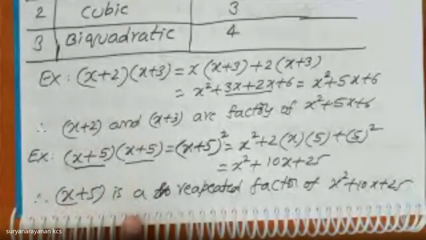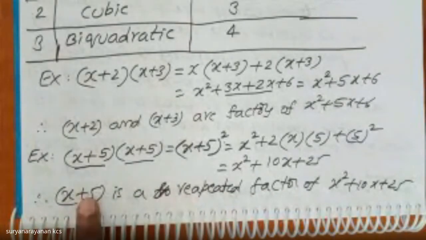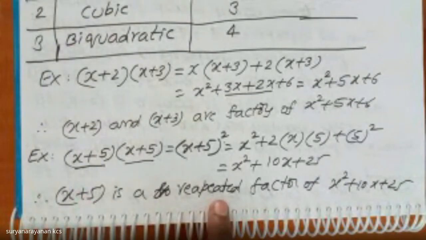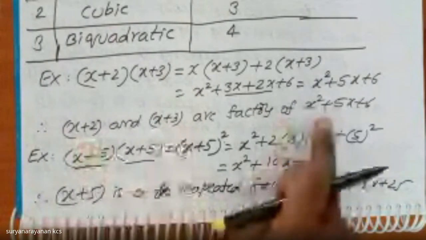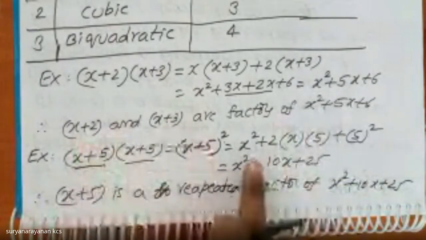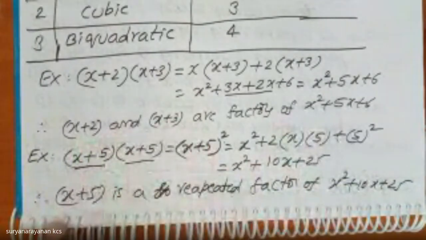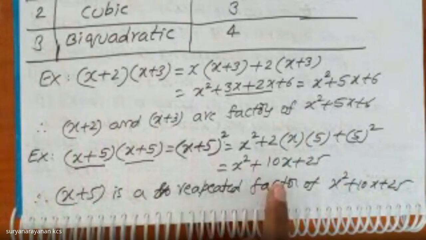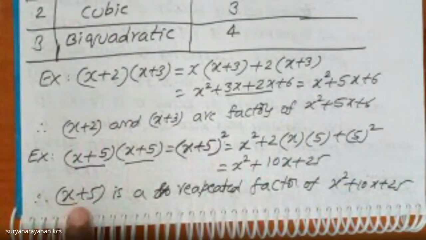So in this case, we say there is only one factor, but it is a repeated factor. Here, at most, how many factors for this one? 2. But for this, how many factors? Only one. Don't say 2. It has 1, but it is a repeated factor. Understood this point, my children?